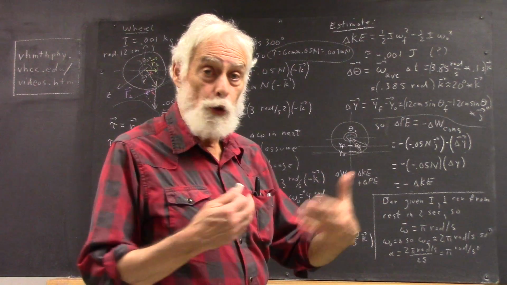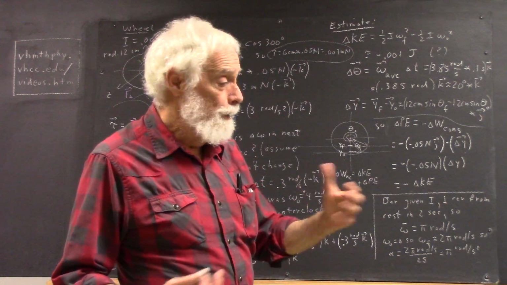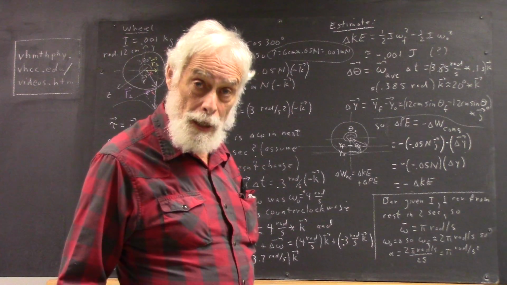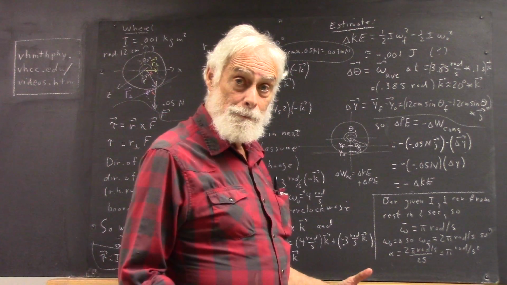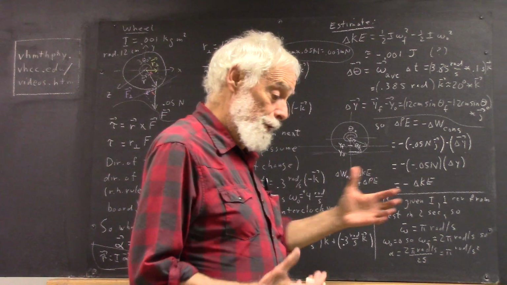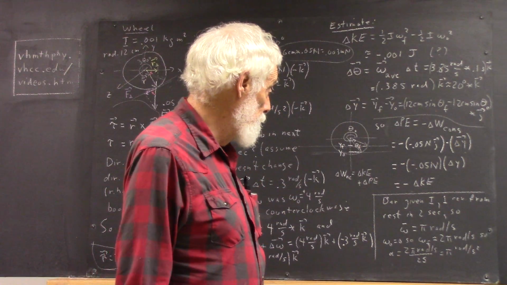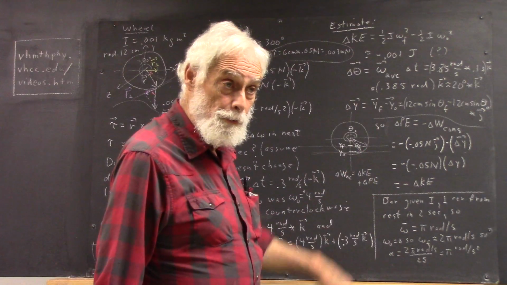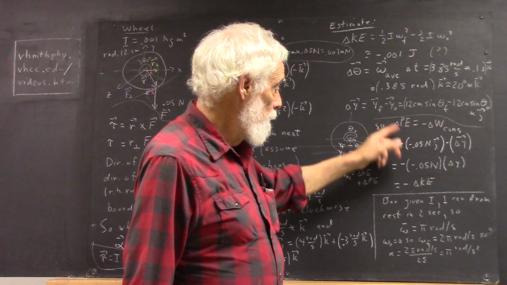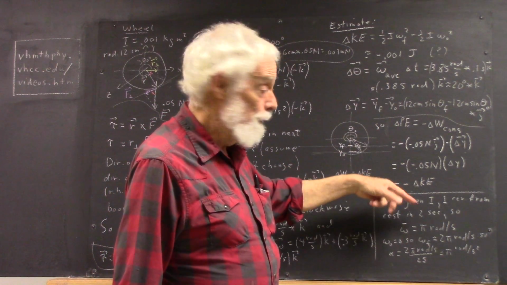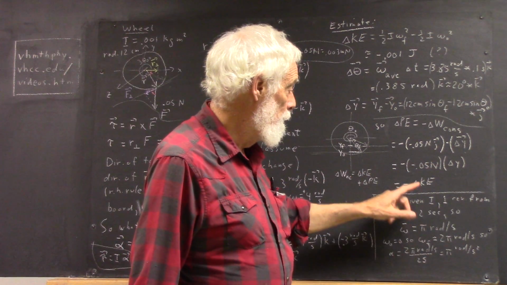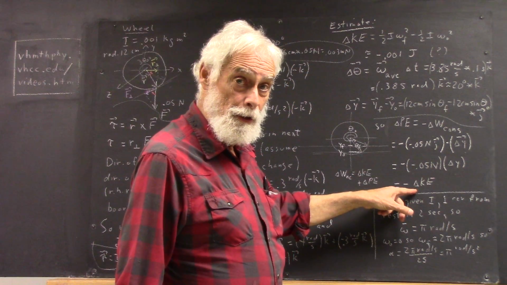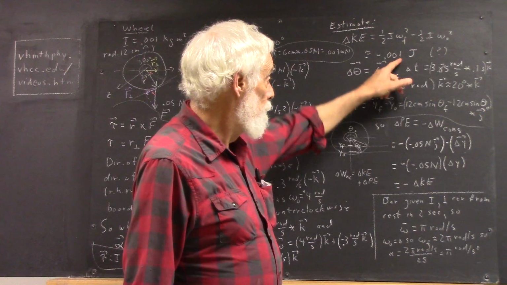It's an ideal case, no dissipative forces, no friction, no non-conservative forces are acting, only gravity, and the system's kind of coasting under the influence of gravity, so that delta KE plus delta PE adds up to 0, and delta KE and delta PE are equal and opposite. So when you calculate the delta PE, that's equal and opposite to delta KE, and what you get here should agree with what you get here.